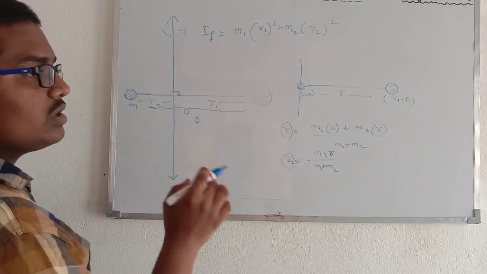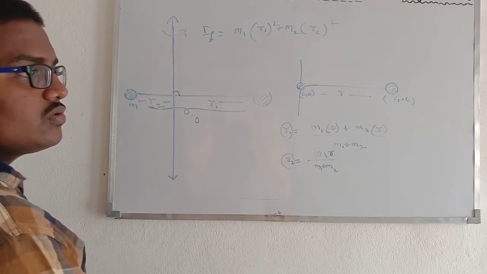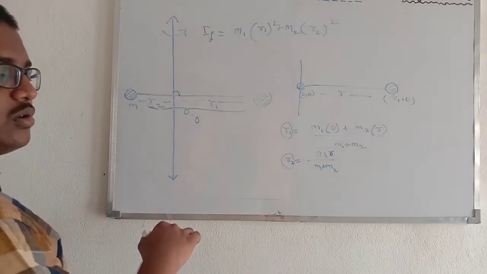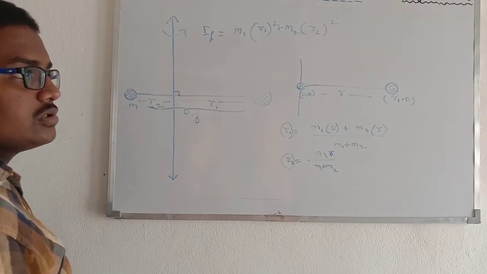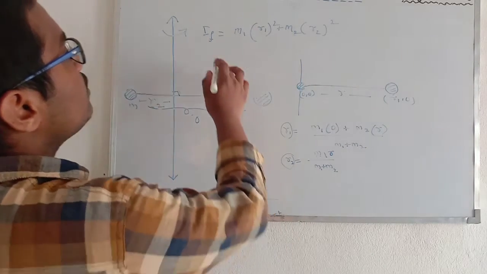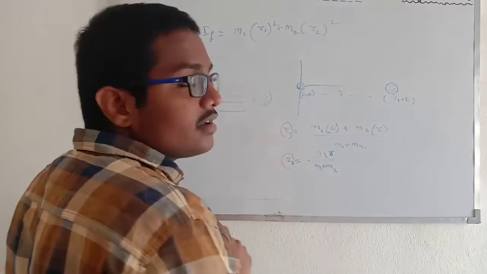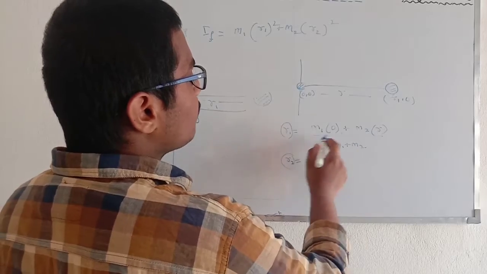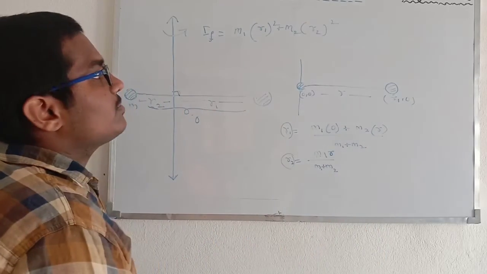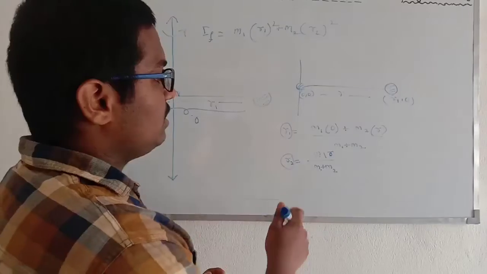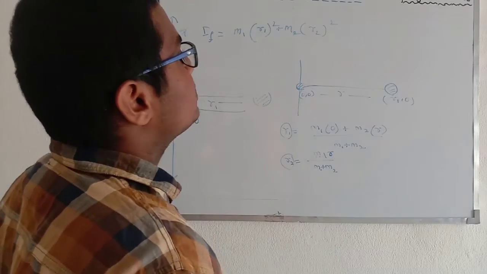Here I1 is equal to M1 R1 square and I2 is equal to M2 R2 square. So I final is equal to M1 R1 square plus M2 R2 square. Here we got R1 as M2R by M1 plus M2, and R2 is M1R by M1 plus M2.